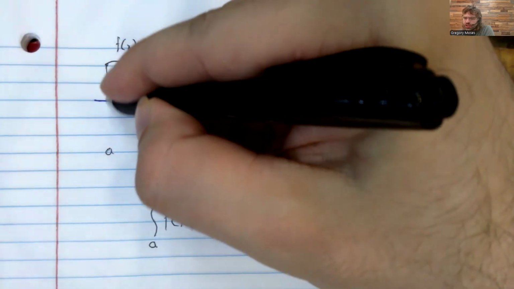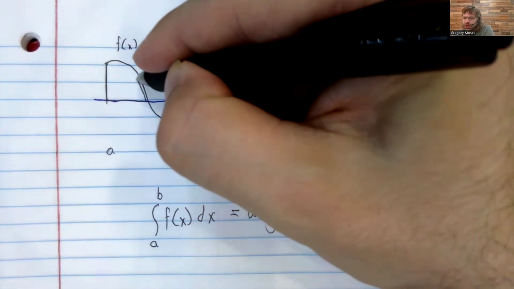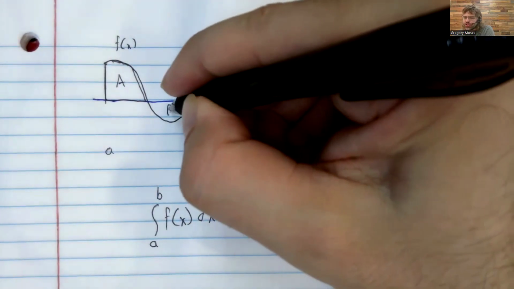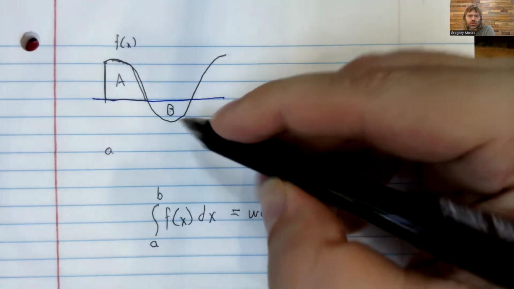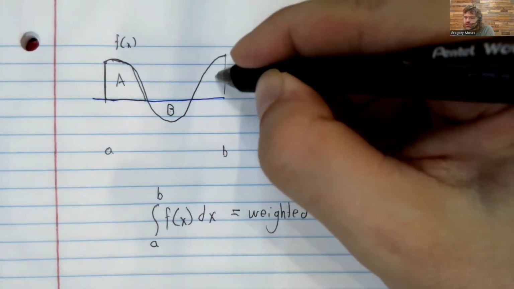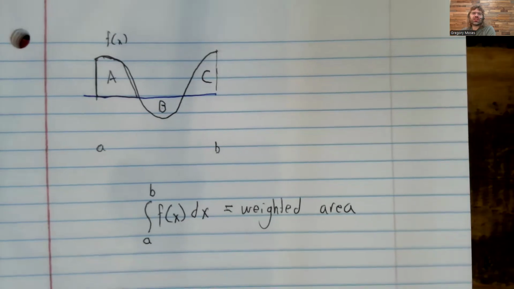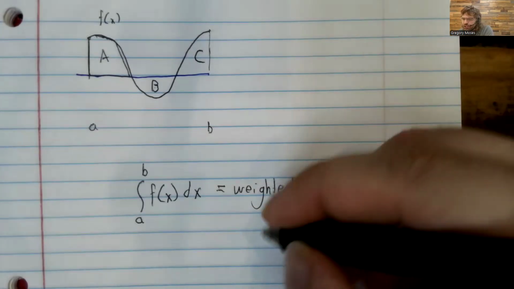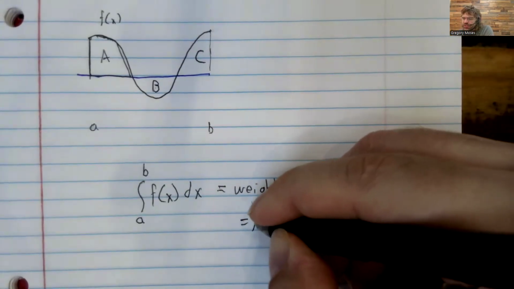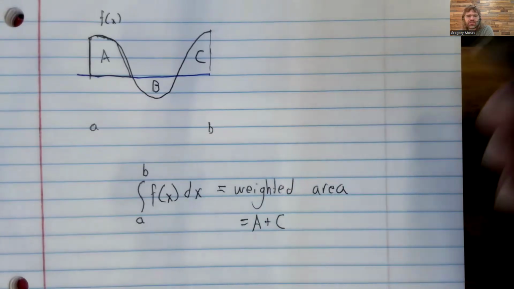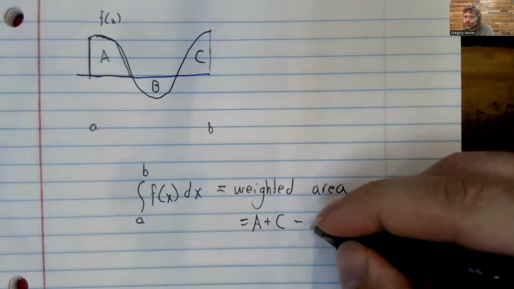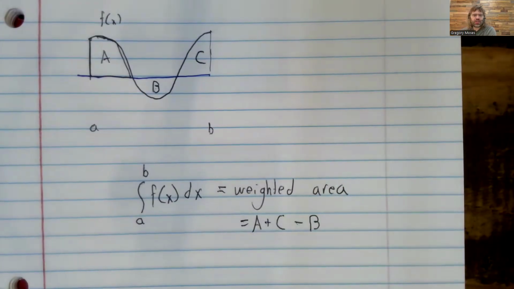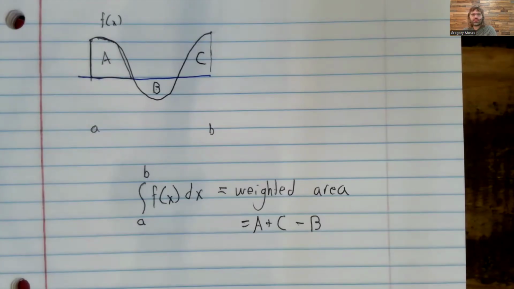We've got this region above the axis, call it A. We've got this region below the axis, call it B. And we've got this region above the axis, call it C. When I talk about weighted area, what I mean is that we take the areas above the axis and we subtract the areas below the axis.